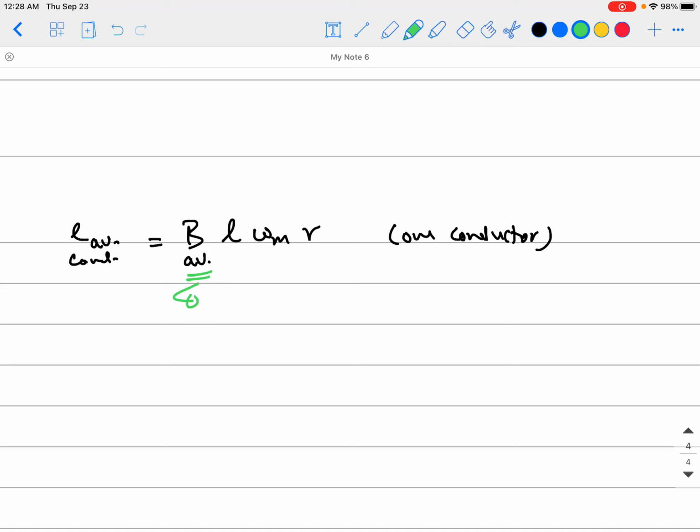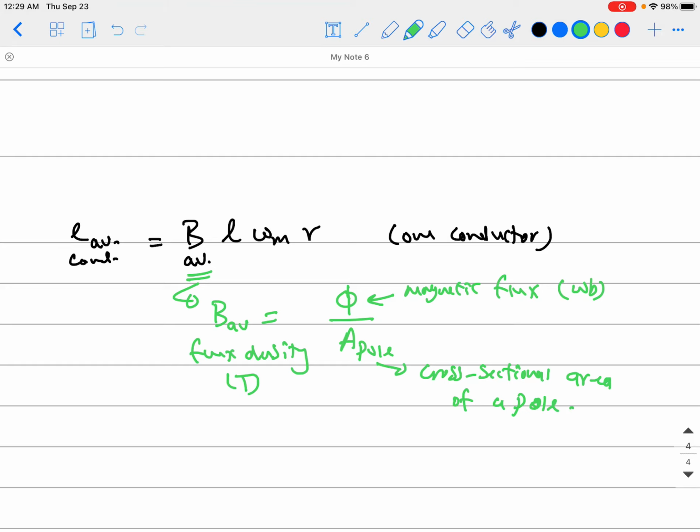How to calculate this B average value, the average value of the flux density? That is the flux density in Tesla, and it equals phi over A pole. What is this? Phi is the magnetic flux itself, measured in Webers, and A pole is the cross-sectional area of a pole.